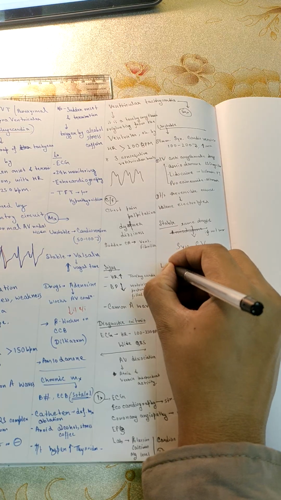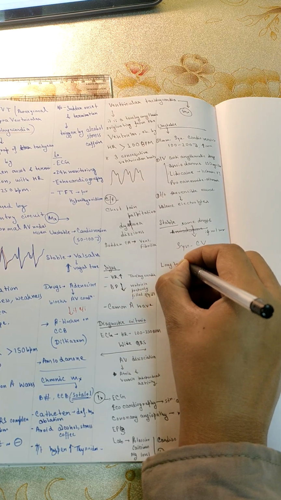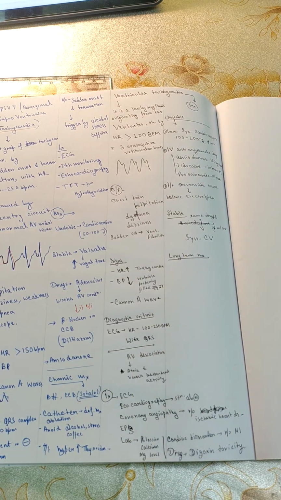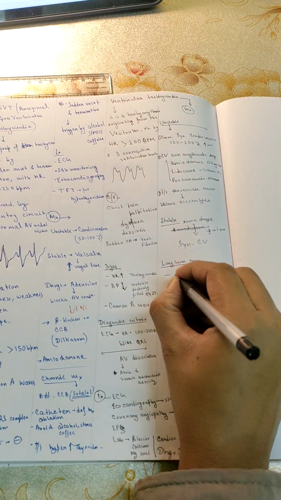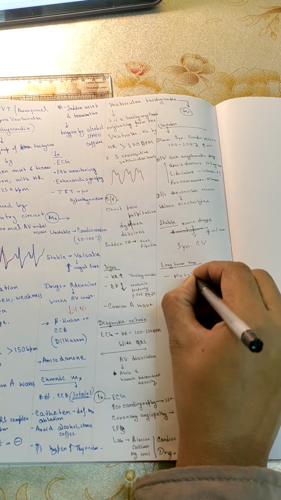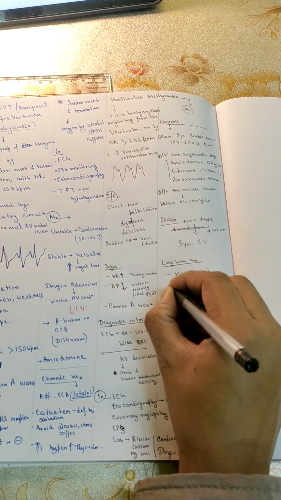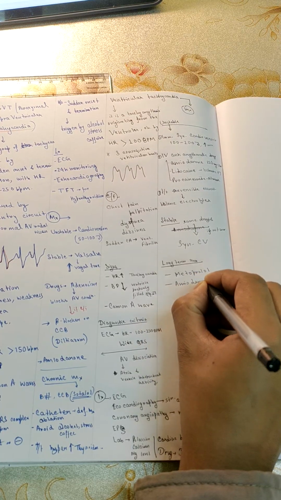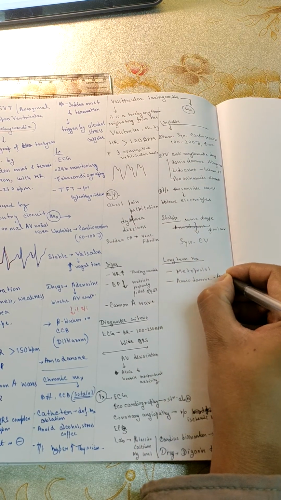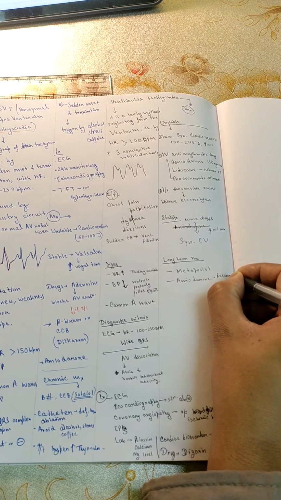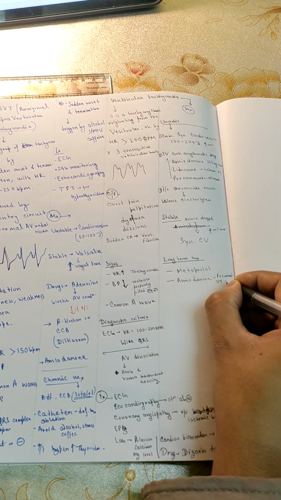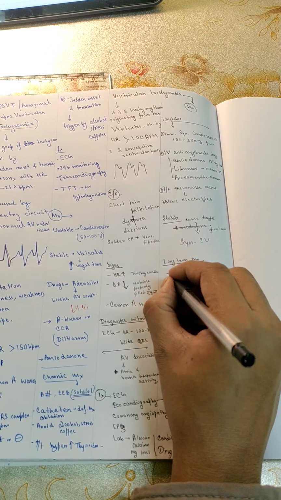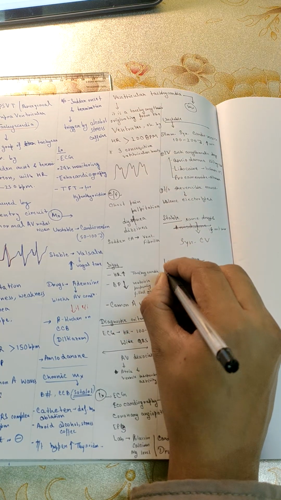Long-term management. I will keep a beta blocker, metoprolol. I will give amiodarone for recurrent ventricular tachycardia patients. These are the drugs I can give.